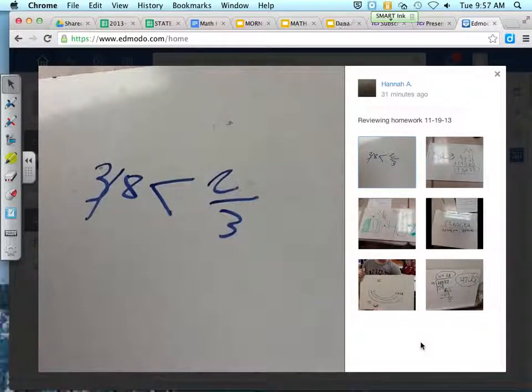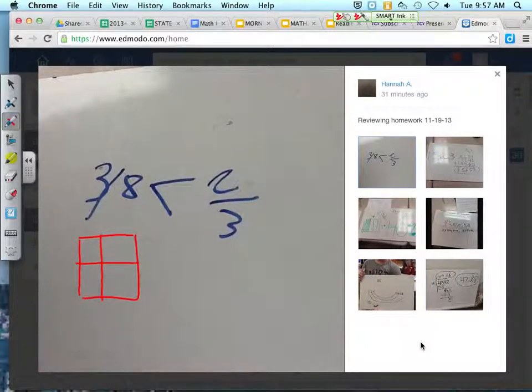We have 3/8 compared to 2/3, and Courtney said that 3/8 was less than 2/3, but we need to figure out how we know. For 8ths, we break it up into 8 equal parts and shade 3 of them. Each 1/8 is worth 12.5%.